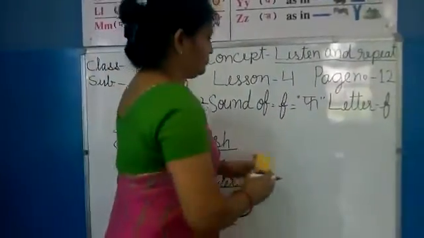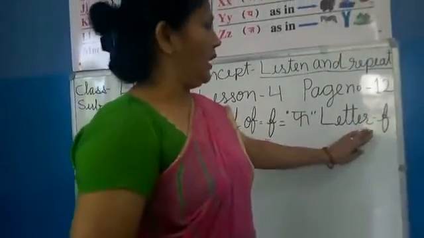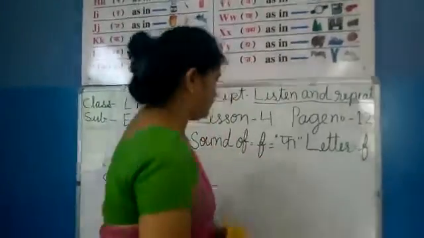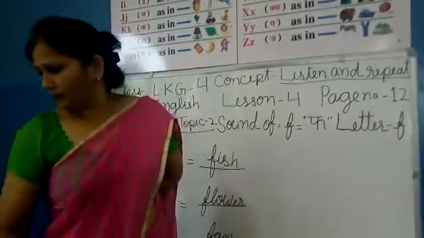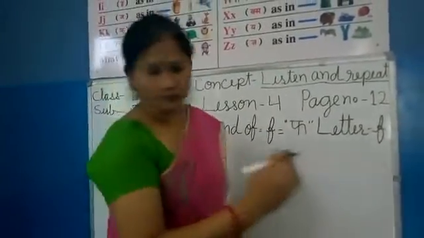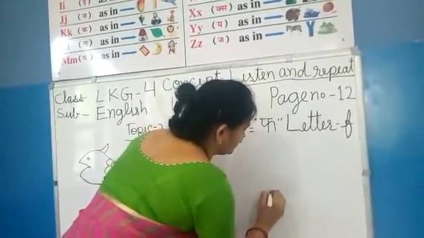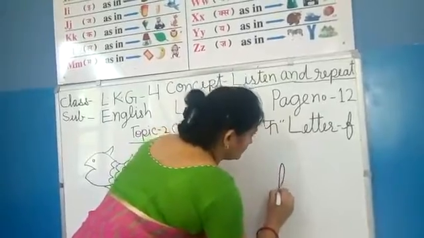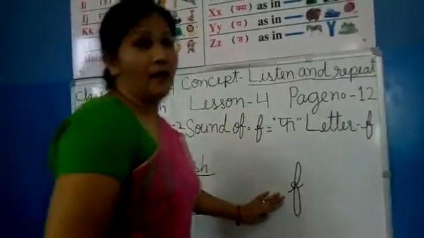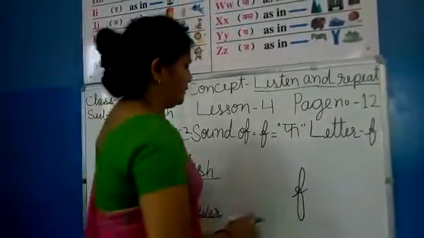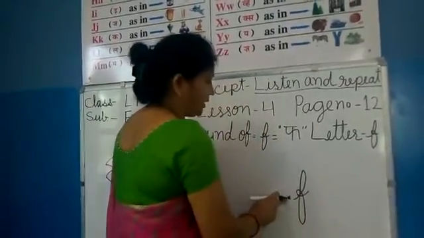Now, how to write letter F? So, first of all, let's practice. This letter is F. This point is point.